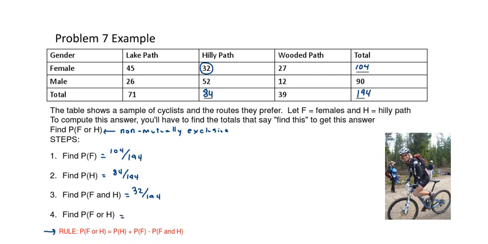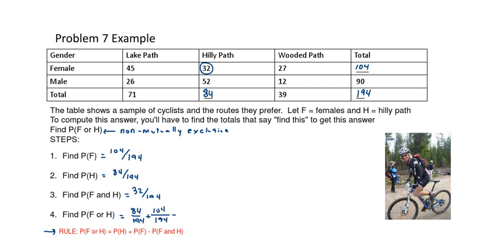So to get this probability, we're going to get our rule to take the probability that they preferred the hilly path, so 84 out of 194. We're going to add that to the probability that the biker was female, so that was 104 out of 194. A little mathlexia there in my description, I apologize.